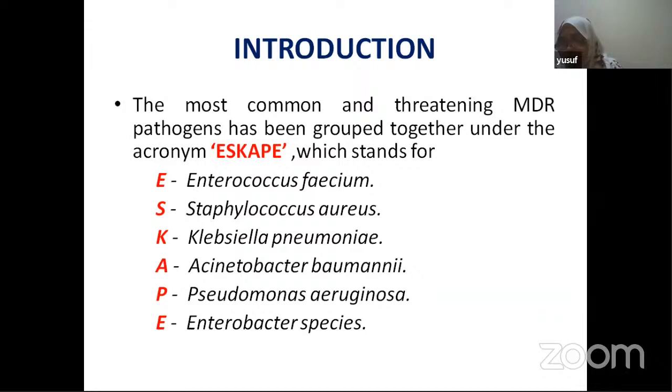That is, these organisms have the capacity of escaping the biocidal action of antibiotics. Because of their ability to develop resistance and transfer it to other strains of these bacteria, they are becoming more life-threatening worldwide.